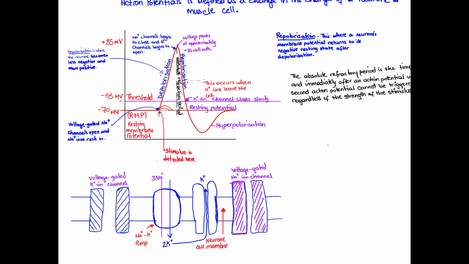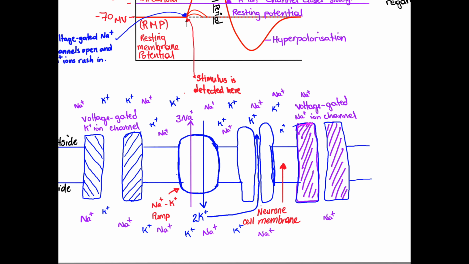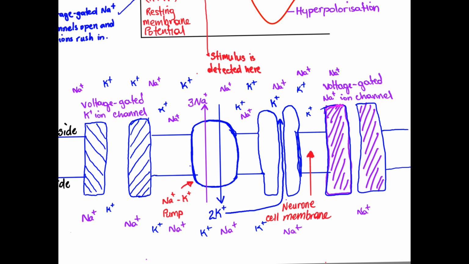And then, of course, the channel for potassium ions, where potassium is pumped out of the cell through the membrane. And so you will have a large number of sodium and potassium ions inside and outside the neuron. And then in the last section, you have the voltage-gated sodium ion channel.